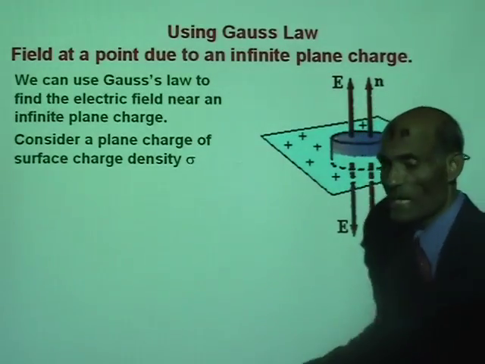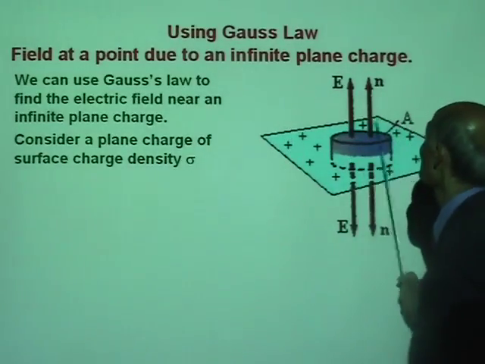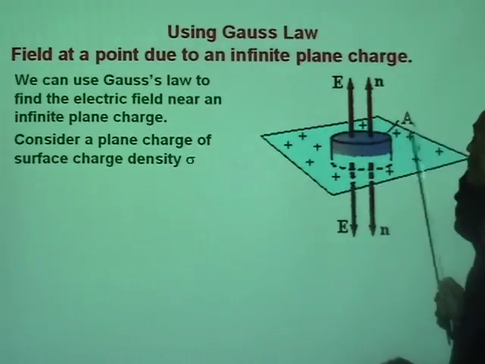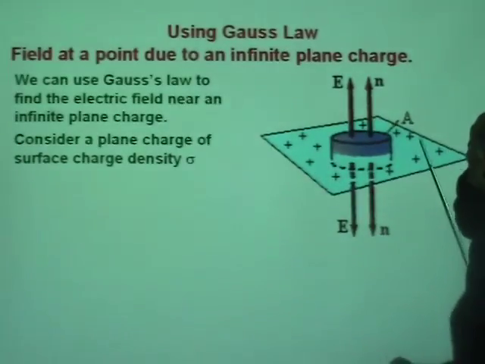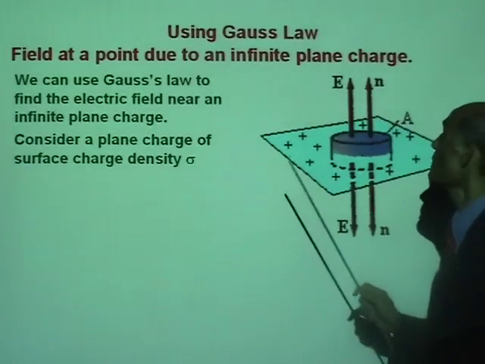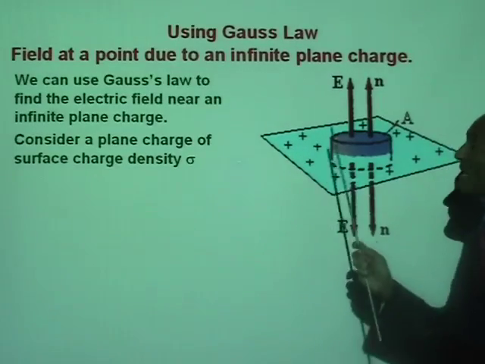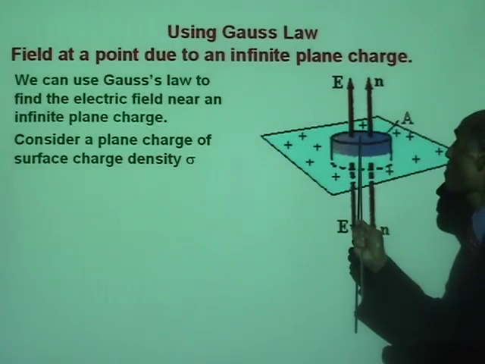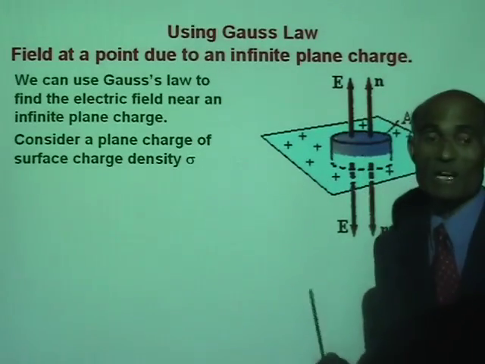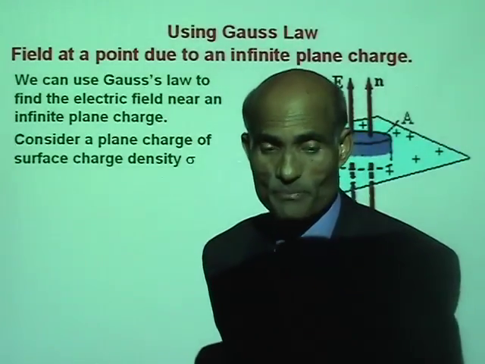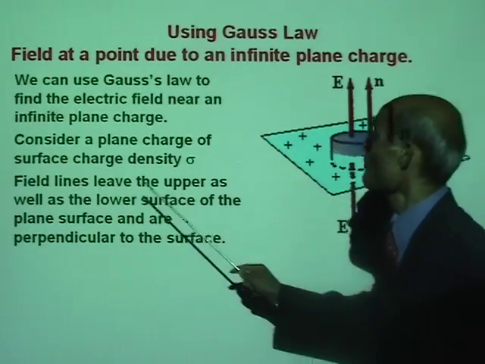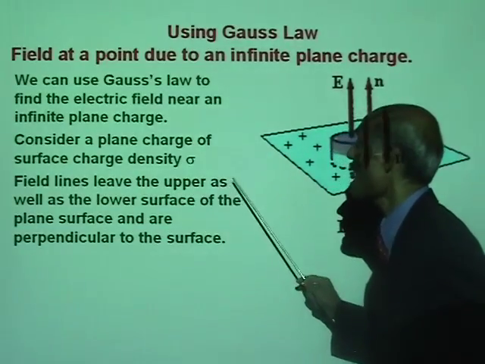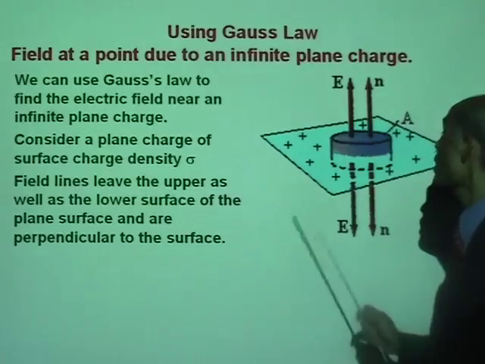Now here I have drawn a picture of that. This is the infinite plane. Of course, it has to extend in all directions. It is carrying a certain amount of charge. We need to find the electric field at a point near it, say where I'm pointing now. Field lines leave the upper as well as the lower surface.